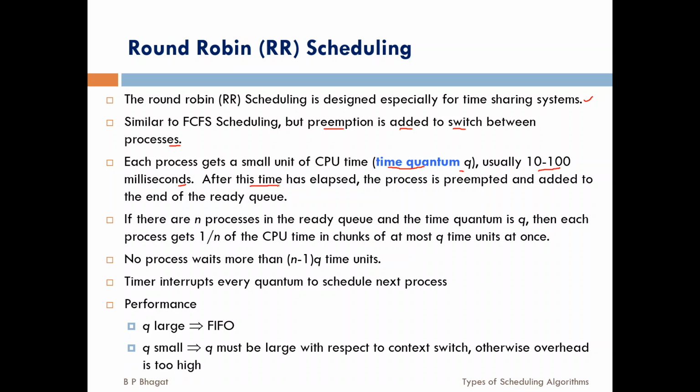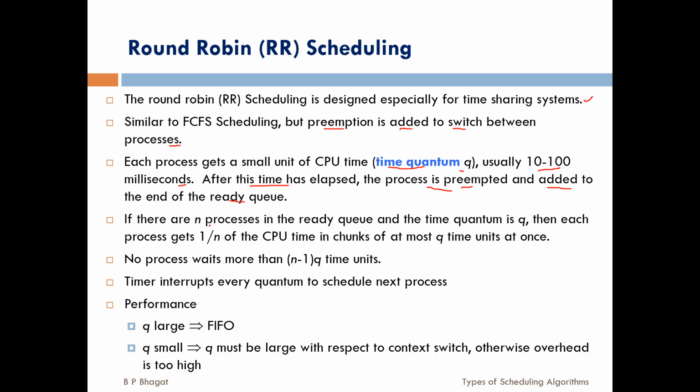After this time has elapsed, the process is preempted. That means the process is automatically stopped even if it is not completed. It is preempted, and then it is added again to the ready queue, so that it will continue its execution later from where it was stopped.